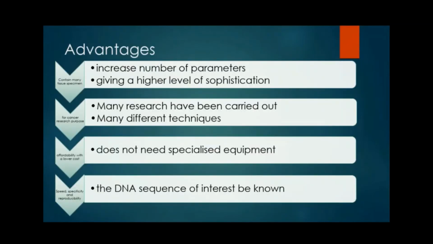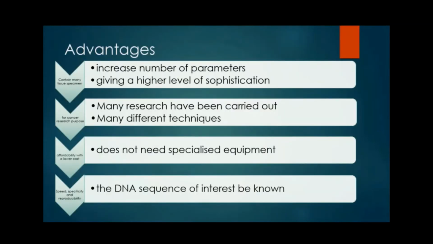So the first advantage would be that it contains many tissue specimens. Second would be for cancer research purposes. Some of the microarrays are said to have lower cost. And lastly, the speed, specificity and reproducibility rates are high.